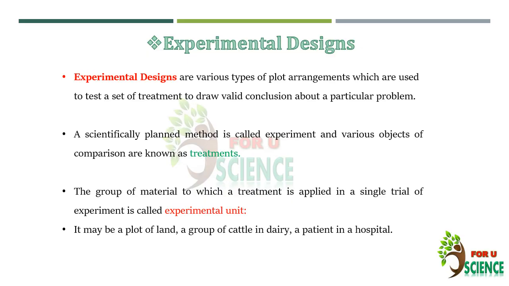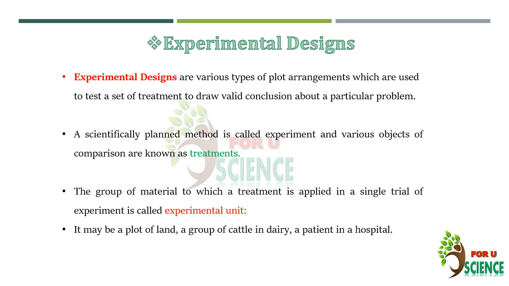So let's first understand what is experimental design, and before understanding experimental designs, we have to first understand what treatments are. Treatments are those objects or those characters or those particular things for which we are going to see their effect on a particular crop.